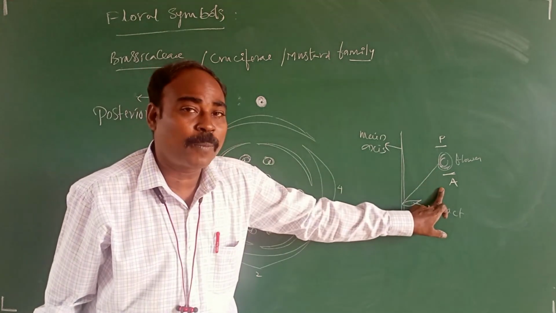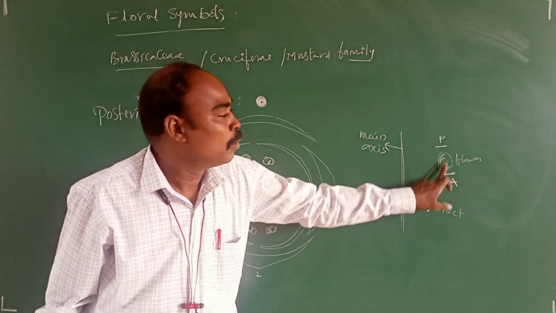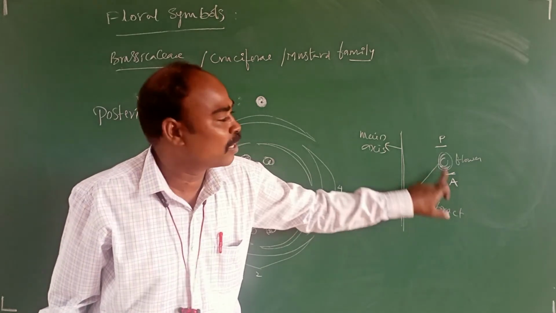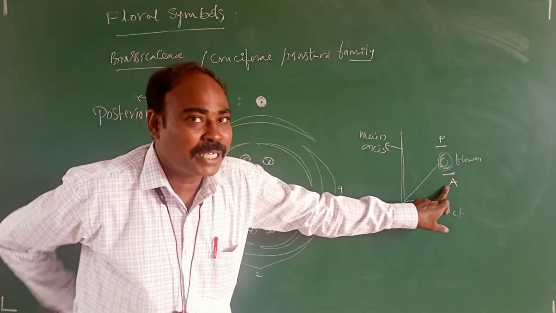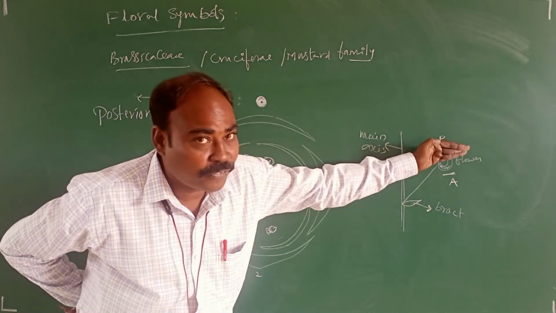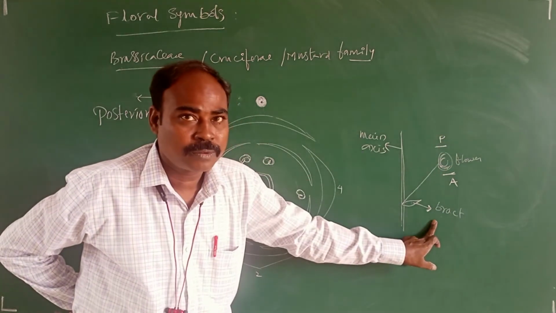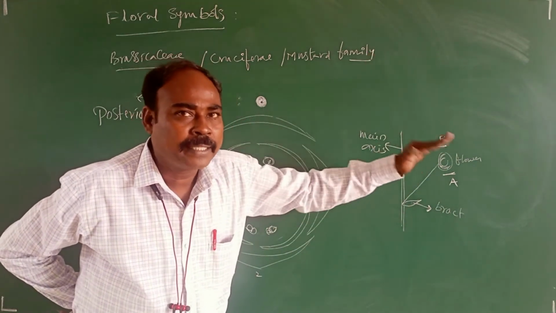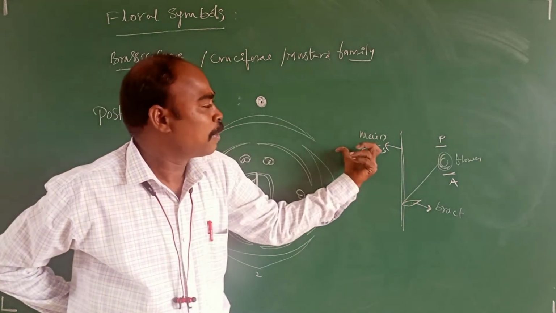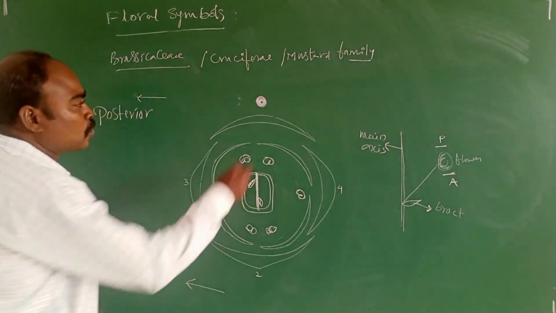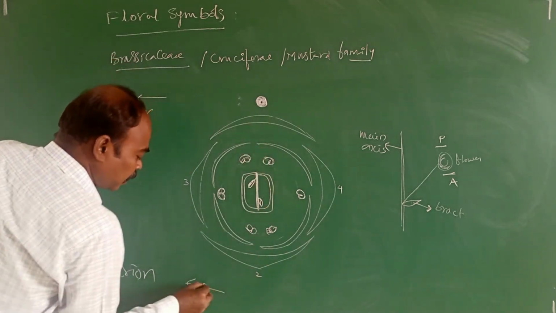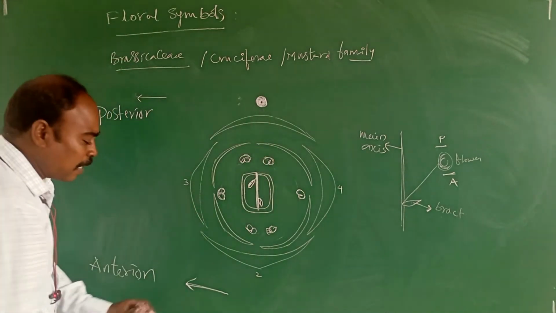Towards the bract, the position of the flower is said to be anterior. What is anterior? The part of the flower towards the bract. What is posterior side? The part of the flower towards the main axis. That is very important. So this is posterior, this one is anterior.